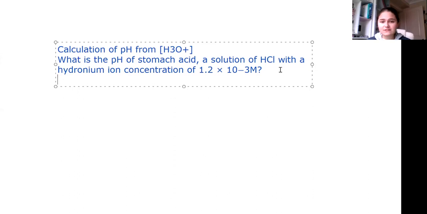Here we're looking at stomach acid, hydrochloric acid. Our first really easy question, by the way, it's going to get harder, is to calculate the pH of HCl with a hydronium ion concentration of 1.2 times 10 to the negative 3 moles.